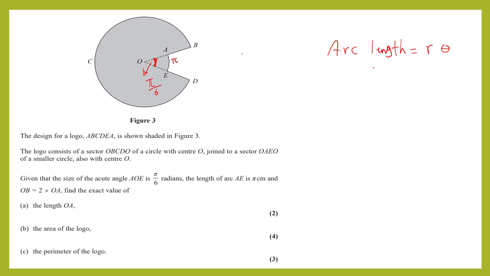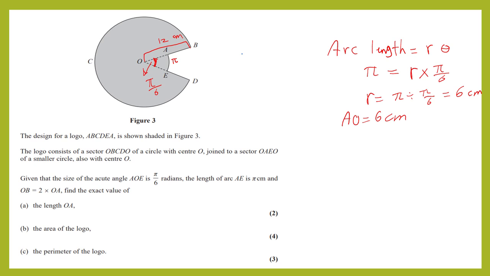We have the arc length is pi, and we have theta is pi over 6, and we have r here. So just shift, so r is pi divided by pi over 6. So the answer will be 6 centimeters. So the length of OA is 6 centimeters. And here, the radius for the major arc will be 12 centimeters because it's double, as you know.